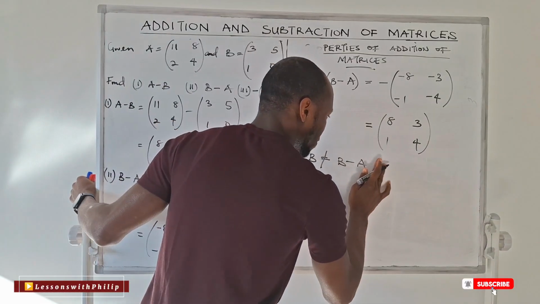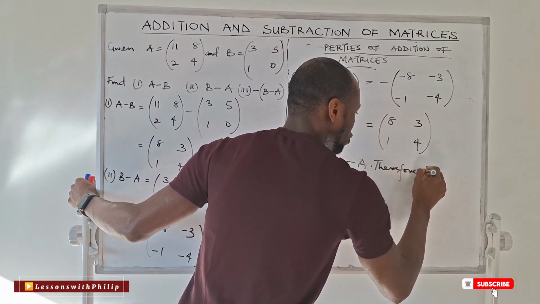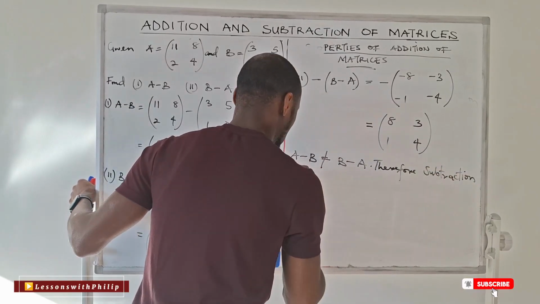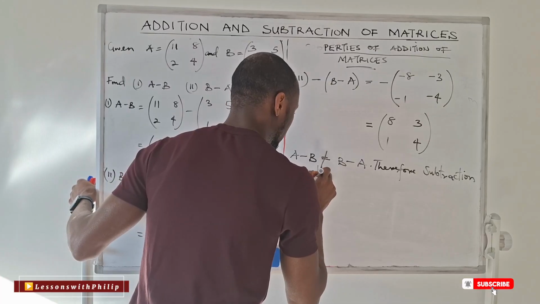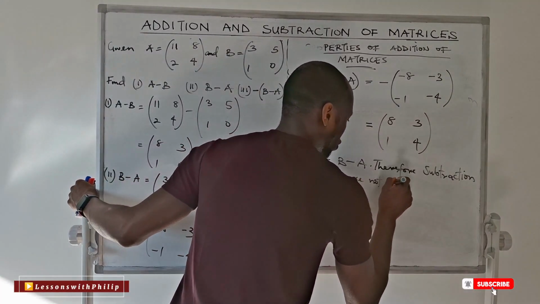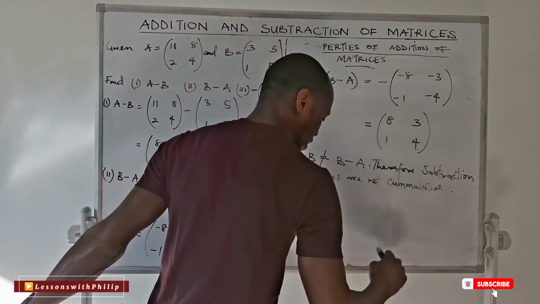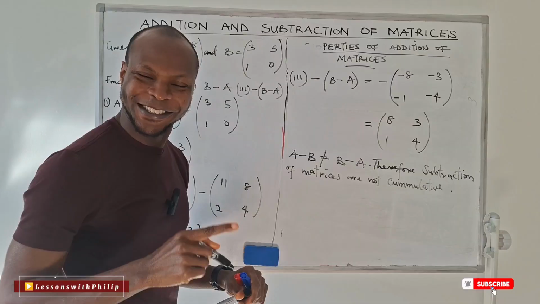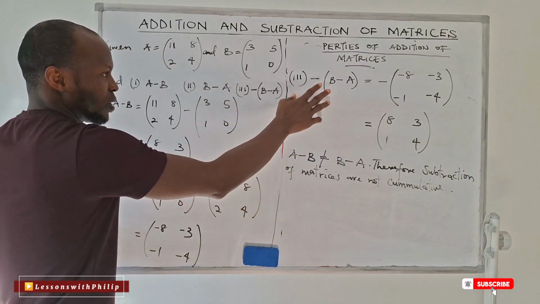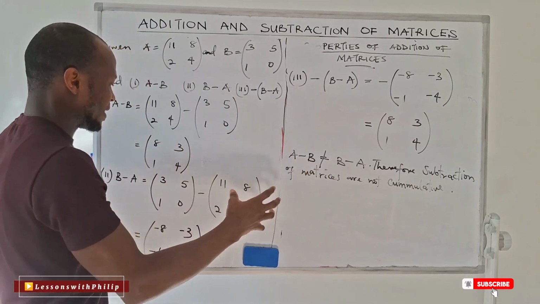Subtraction of matrices is not commutative. Okay, take note. Okay, but if you check, when we multiply the subtraction of matrices by minus, we get the same answer.